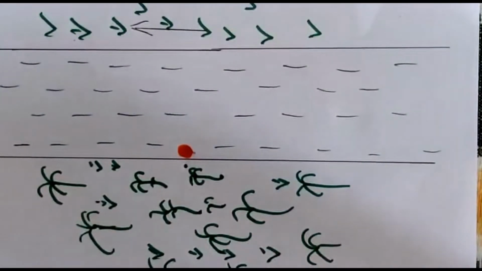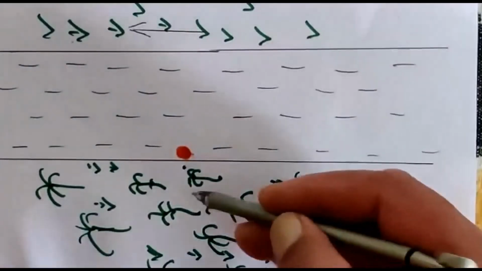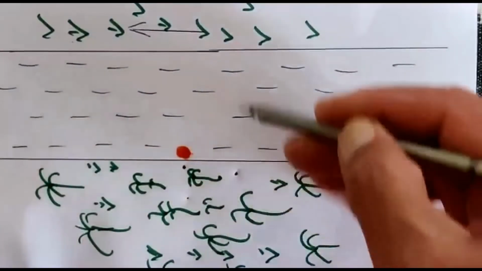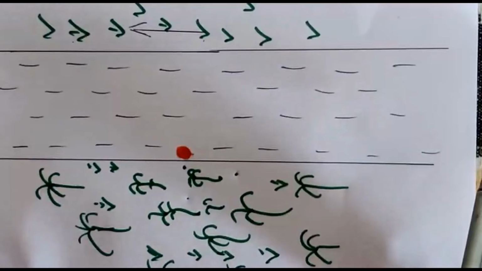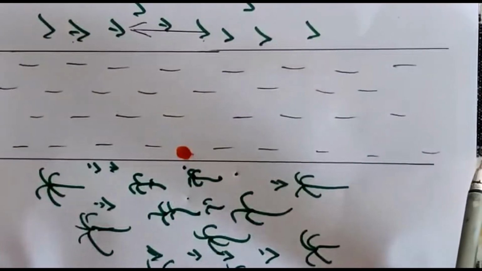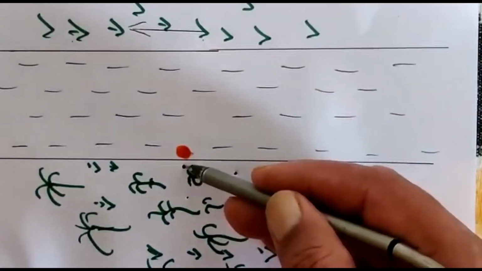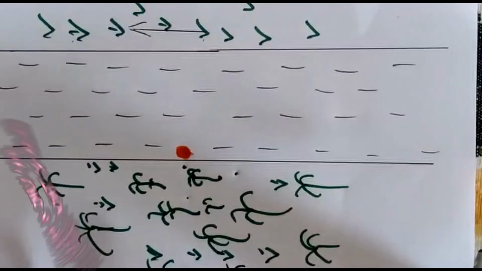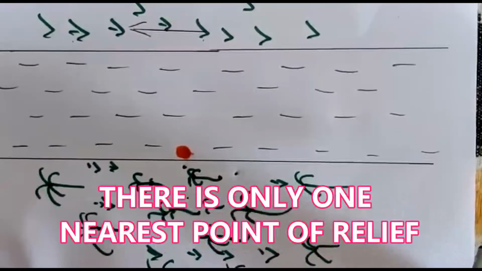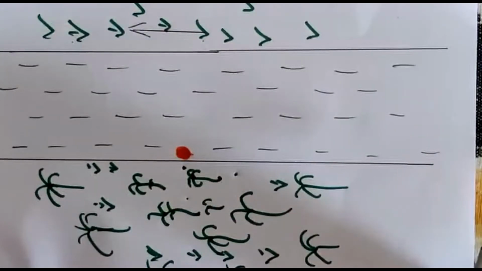Therefore, the player thinks that he can take the drop here or here or here. No, the player is not authorized to drop anywhere else except at this spot, which is the nearest point of relief. We must understand that there is only one nearest point of relief. In these circumstances, the player is not authorized a relief.